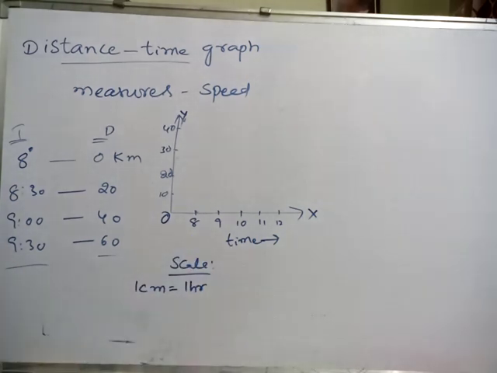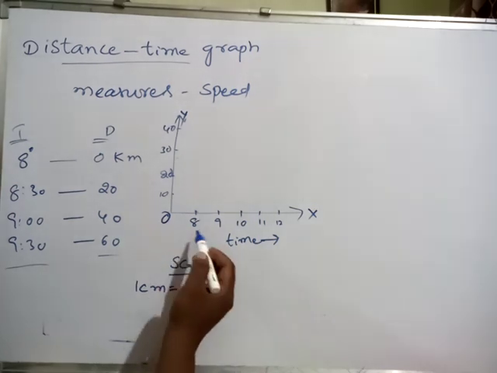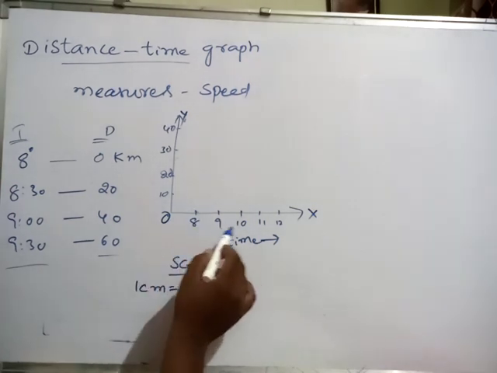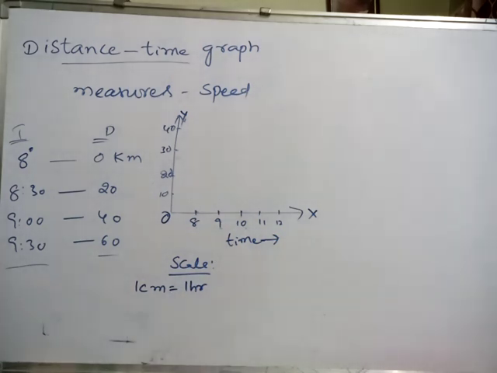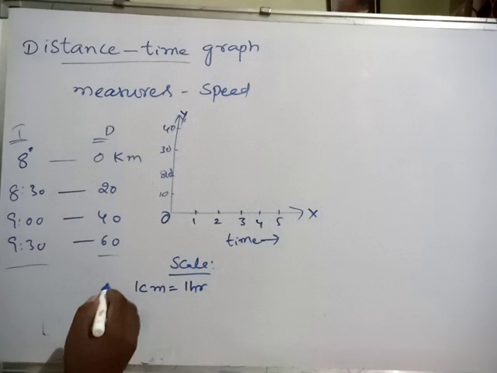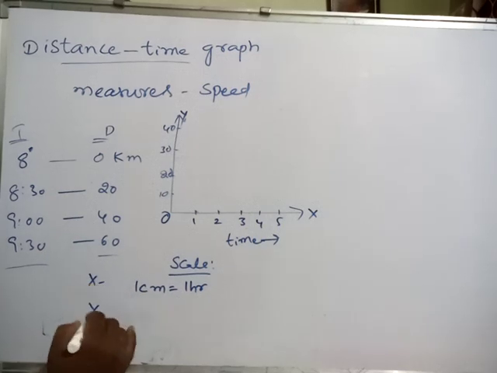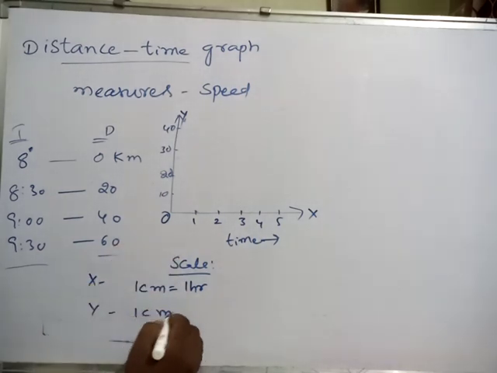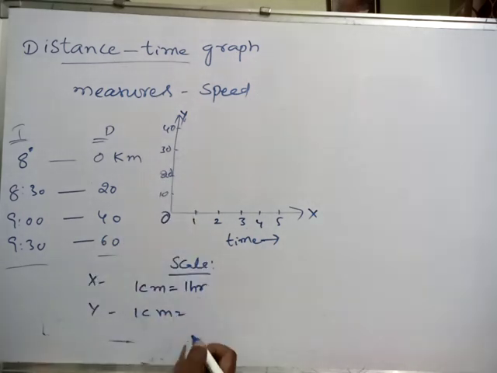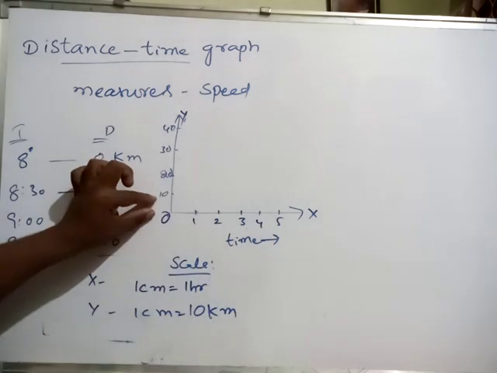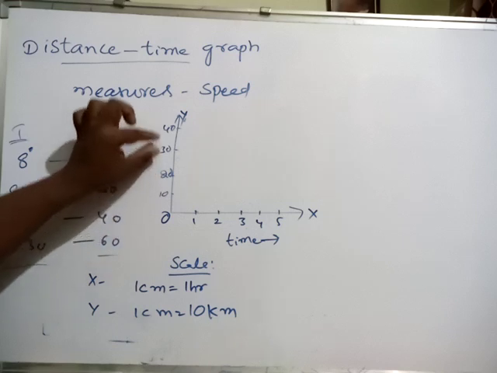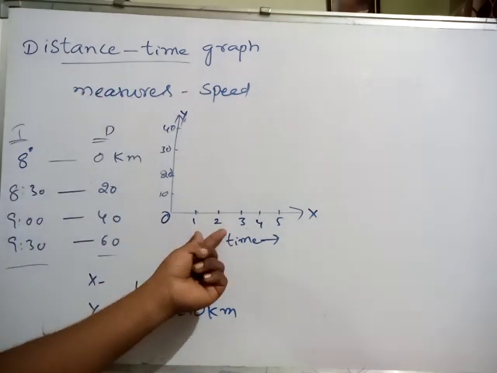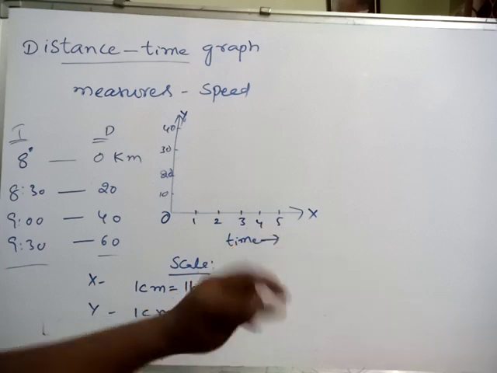Because that journey started at 8 o'clock, I started here like this: 8, 9, 10, like that. On the y-axis, 1 centimeter I am taking as 10 kilometers. So 10 kilometers, 20, 30, 40, and 1 hour, 2 hours, 3 hours, 4 hours, 5 hours like that.